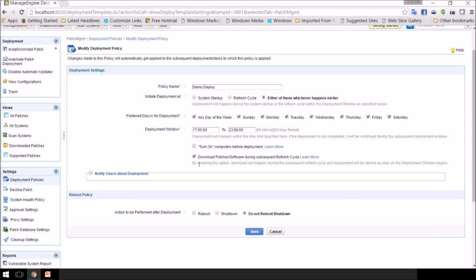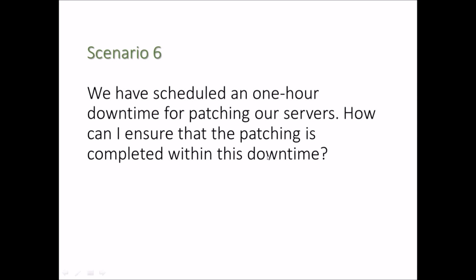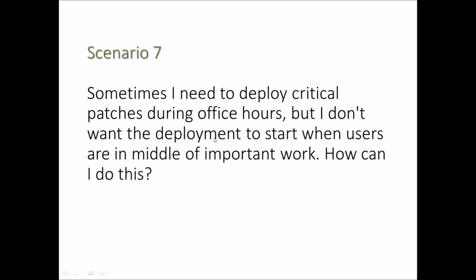So this ensures the download of the patches and ensuring the deployment starts exactly at the time what you have mentioned in your deployment window. Let's look at the next scenario.